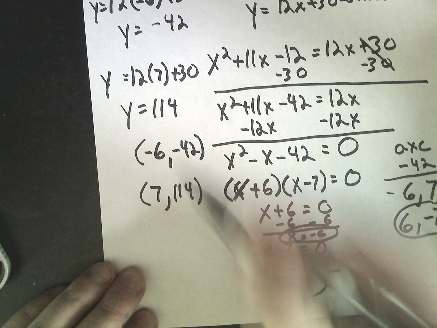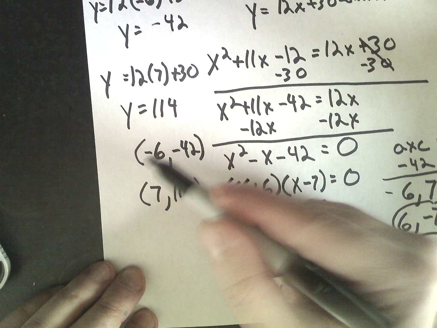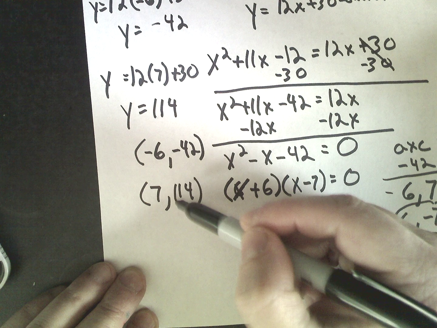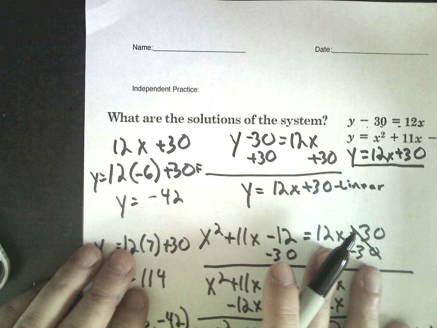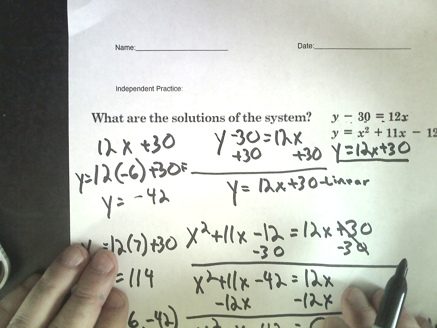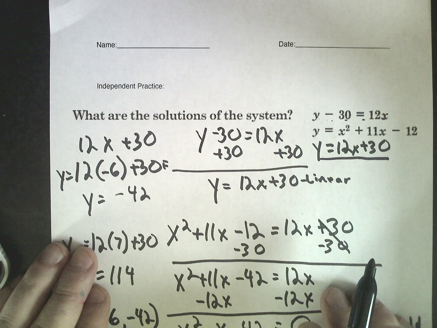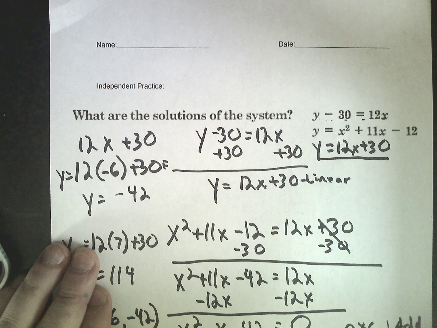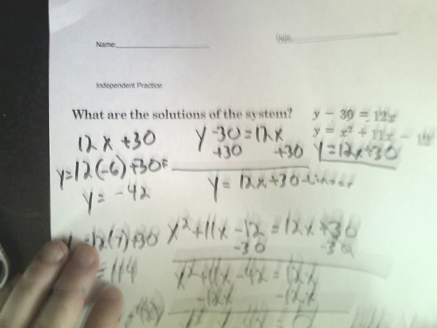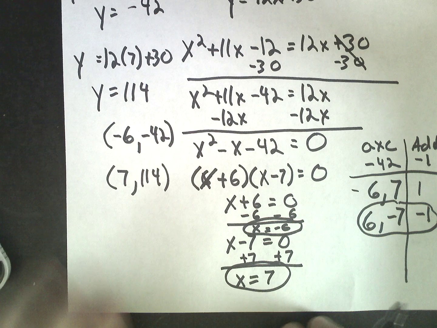As we said, if this was a real life problem, I'd be very worried about the negatives working. It might only be one answer. But since this is numbers, they're not talking about cars or making boxes or something like that. These are just numbers. There's no story behind them. Both answers can be true.